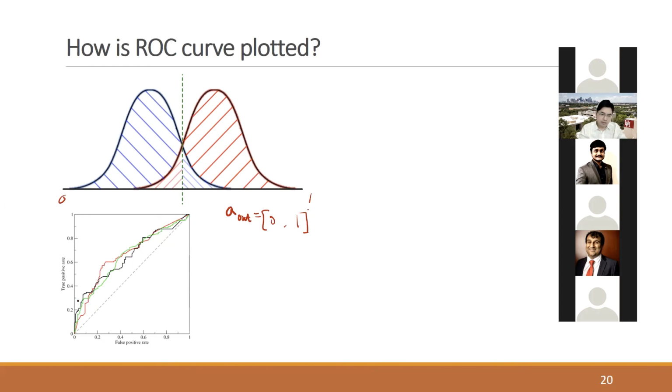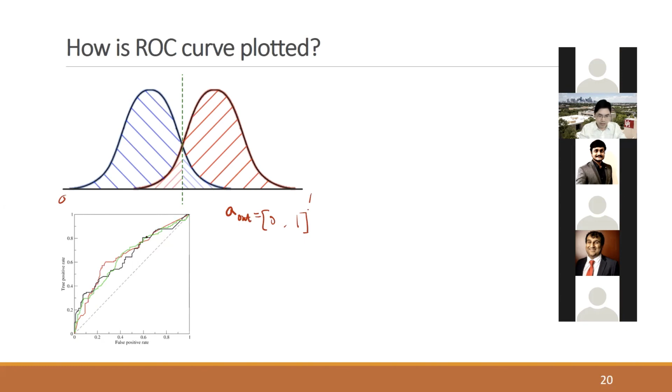So the way the line is produced is that it changes the hypothetical threshold from the highest value to the lowest value, and records the false positive rate and true positive rate at those hypothetical threshold values, and draws a line here.